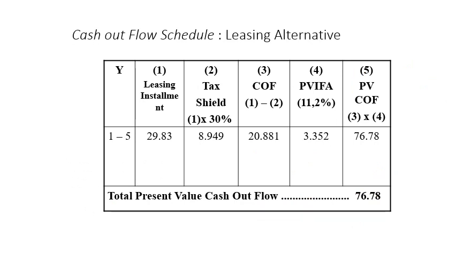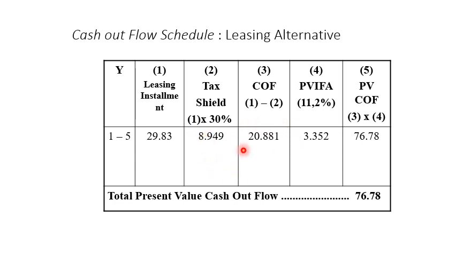After we find the payment, we go to the cash outflow schedule, the same as the previous one, the begin period payment. I put the years again from 1 to 5 with the constant installment payment and also the tax shield, 29.83 times 30%, which is 8.949.